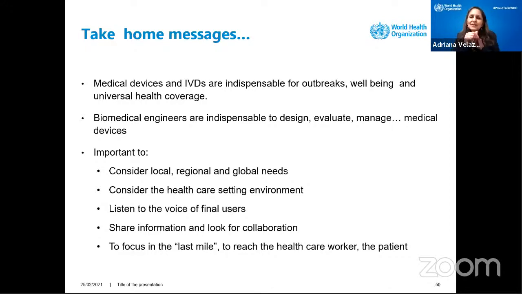Number one, consider first local, then regional, then global needs. Second, consider the healthcare setting environment, and the limitations that environment has. Third, listen to the voice of the final users. Fourth, share information and look for collaboration. And fifth, focus on the last mile.